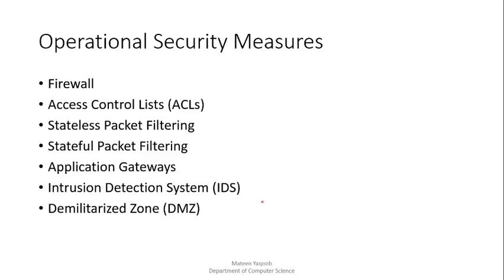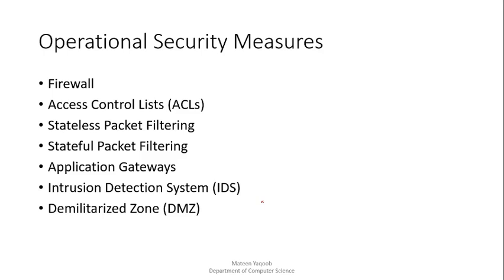So there are some more concepts to further secure the network, which are the optional security measures used in networks that require very sophisticated security. You can see these operational security measures here.